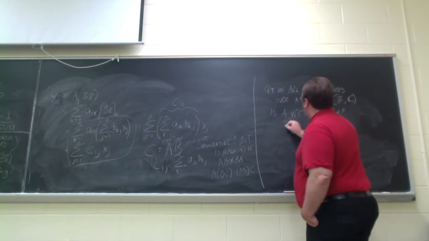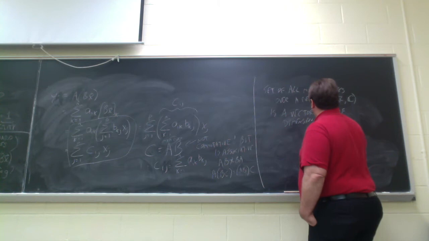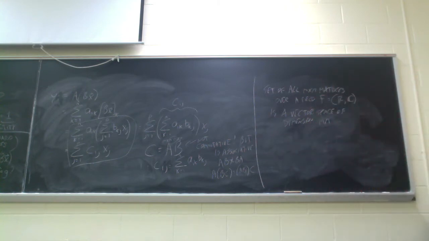And that vector space has dimension M times N, the total number of entries in the matrix. So you can think of it as being isomorphic to the vector space R^mn or C^mn. You can reshape these matrices into a big long vector, or you can leave it as a matrix.